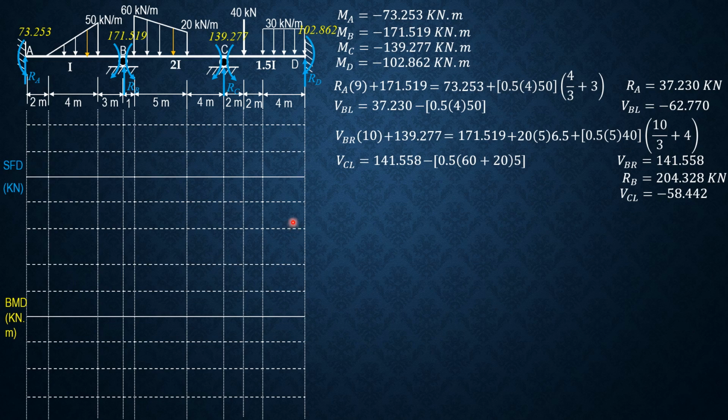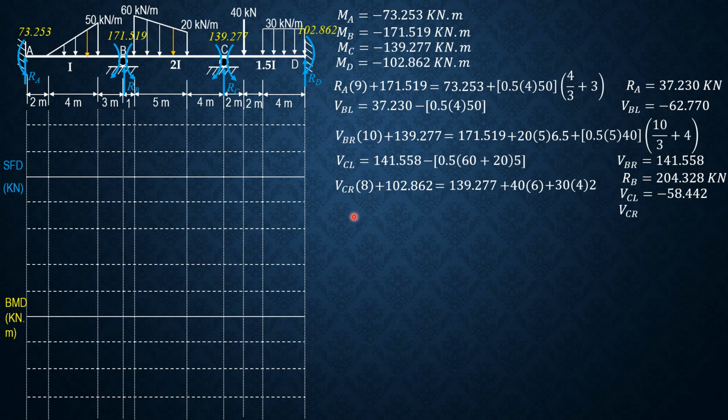So shear at C just to the left is negative 58.442 kilonewtons. Then for shear at C just to the right, upward positive, we consider CD, summation of moments about D equals 0. So shear at C just to the right times 8 plus 102.862 equals 139.277 plus the moment of the 40 kilonewton load, 40 times 6, plus the moment of the 30 kilonewton per meter uniform load, 30 times 4 times 2.